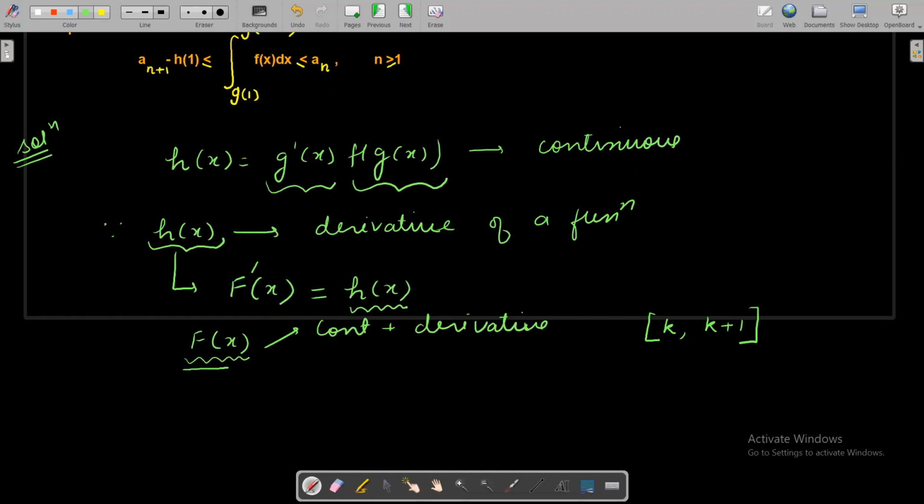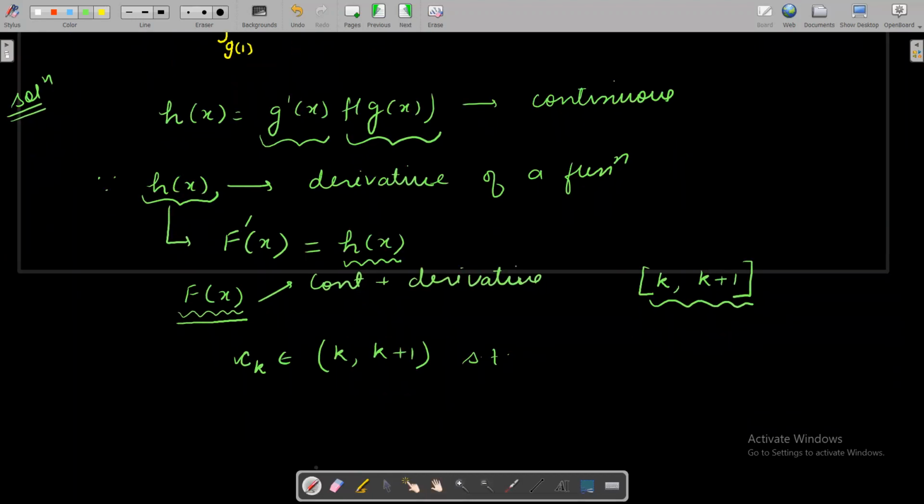So if you apply Lagrange's mean value theorem to this function in this interval, you can say that definitely we are going to find some c_k belonging to the open interval k to k plus 1 such that Lagrange's mean value theorem says that F of k plus 1 minus F of k upon k plus 1 minus k, which in turn is going to be 1, so I'm not writing it, is going to be equals to F dash of c_k.